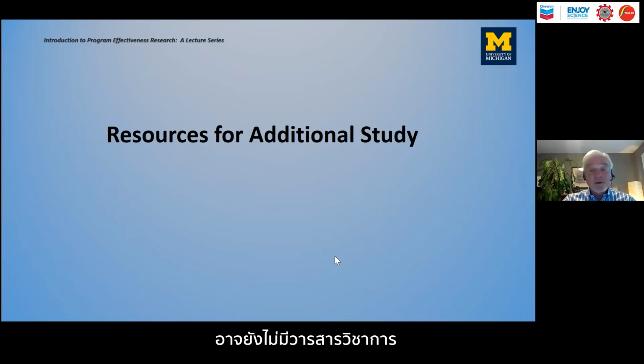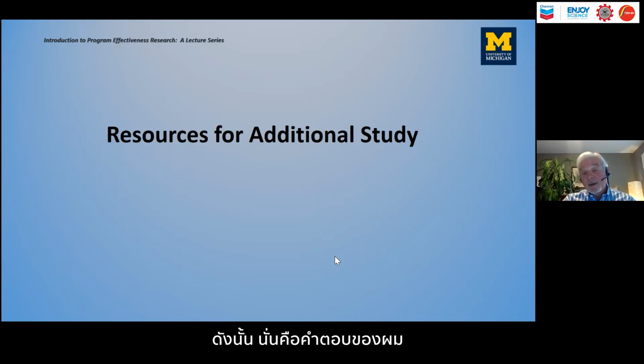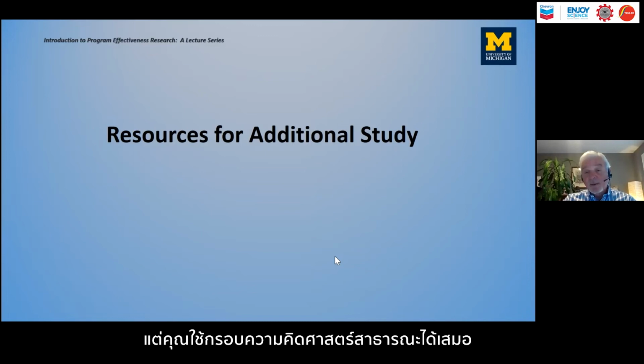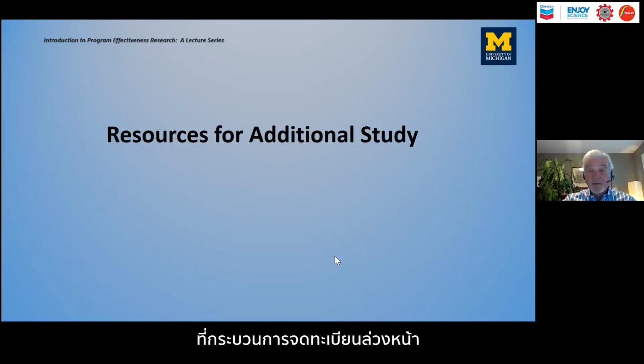It may not have journals, it may not have funding agencies that really are pressuring people to do that. So that's my answer to that. But you can always use the Open Science Framework. And in fact, that's what a lot of people who are operating in fields where the pre-registration process is not quite as formalized have gone to do.